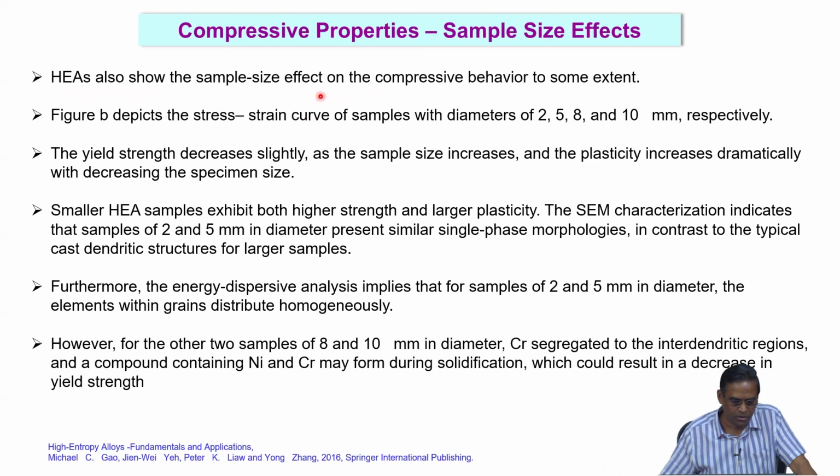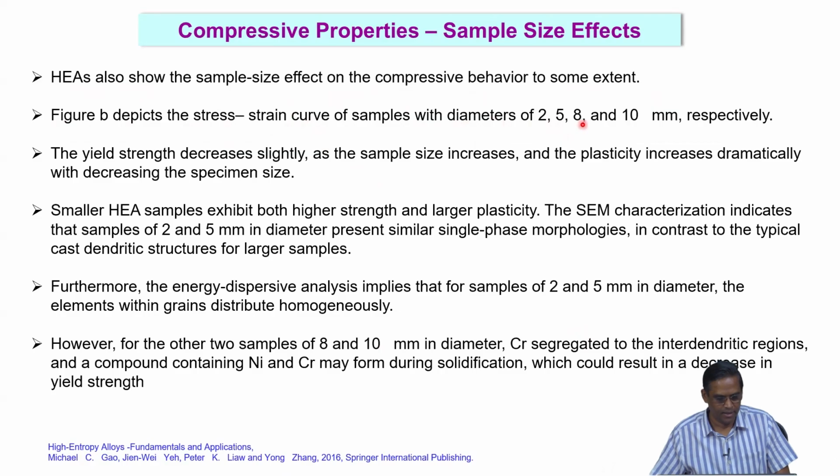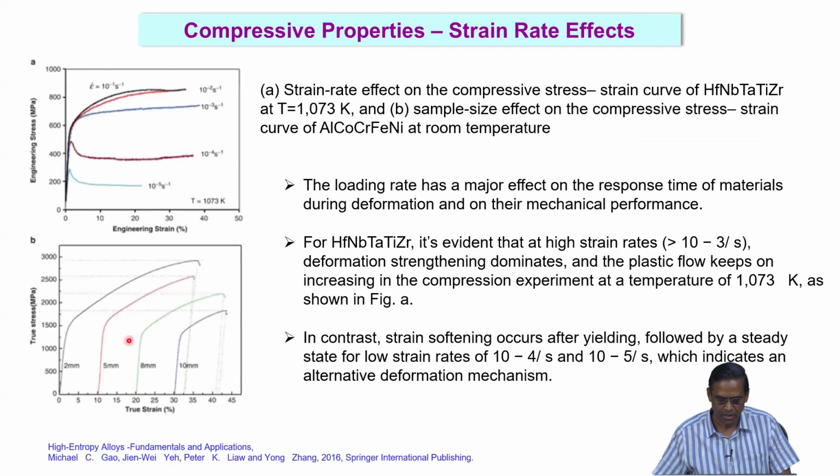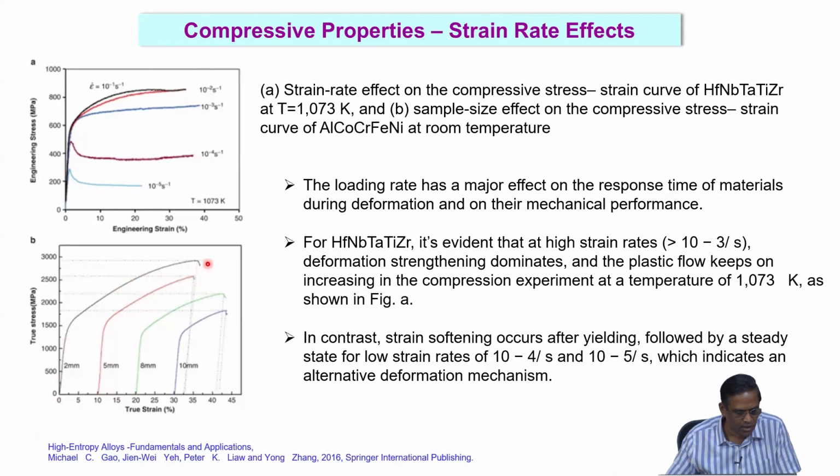High entropy alloys also show a sample size effect on the compression behavior. For example, the figure shows a stress strain curve for samples with diameters of 2, 5, 8 and 10 mm respectively. Is it not interesting that a thin sample cylinder exhibits a very high compressive strength and ductility?